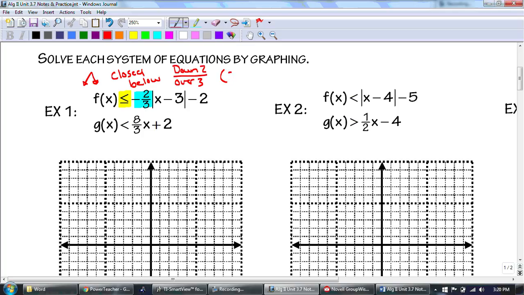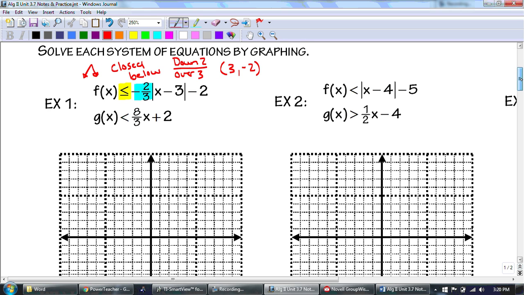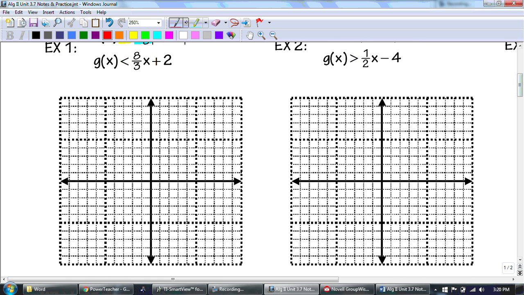I take the opposite of the negative 3, and the negative 2 stays the same. So I start at 3, negative 2, and I go down 2 over 3, down 2 over 3, down 2 over 3, down 2 over 3.